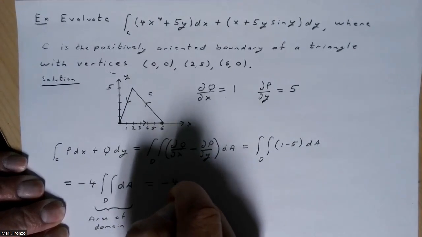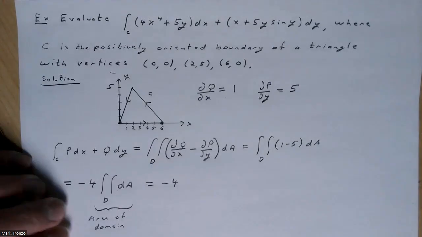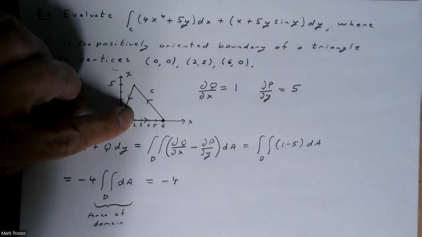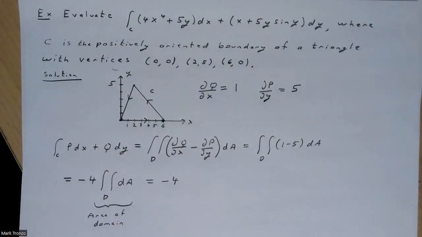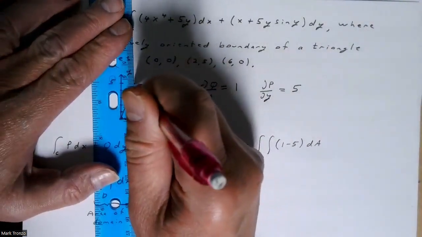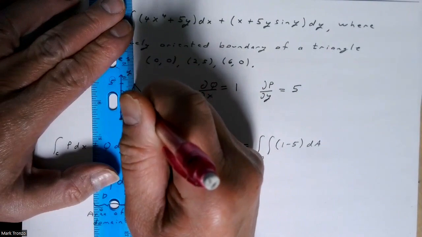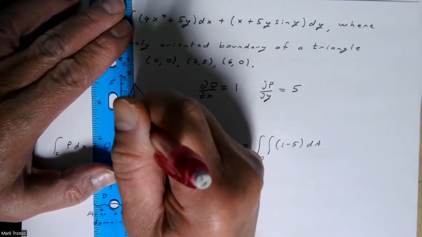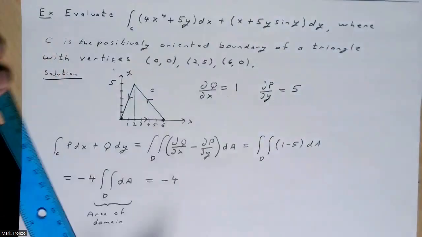And so in our case, we can find the area of these triangles. If we look at this here, we could probably break this up into a couple different triangles. There are other ways to do this, but I'm going to do it this way.